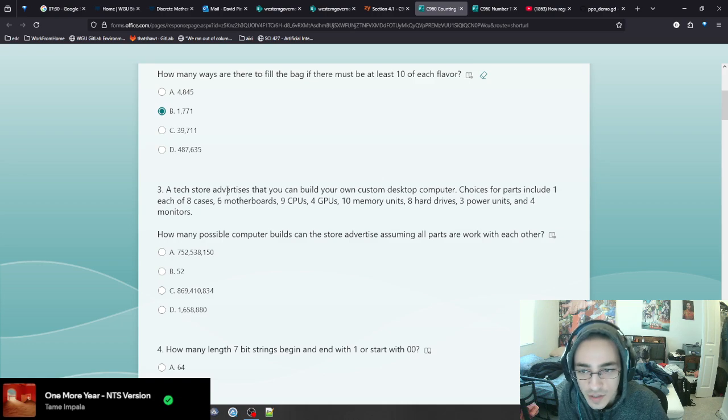So it says a tech store advertises you can build your own custom desktop computer. Choices for parts include one of each: 8 cases. Wait, what? Okay, so you choose one of 8 cases, 6 motherboards, 9 CPUs, 4 GPUs, 10 memory units, whatever.